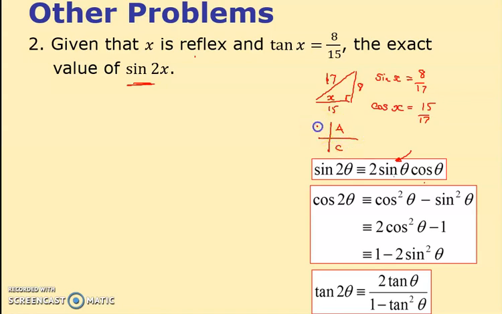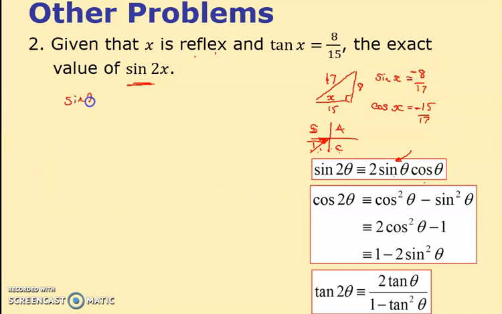It says it's reflex, which is more than 180 degrees, so it's in one of these two, and it tells me that tan x is 8/15. In actual fact it's here then, because tan is positive. It's in this quadrant here. Now, sine and cos are both positive there and there, and neither is positive here, so these must both be negatives. So let's bear that in mind.